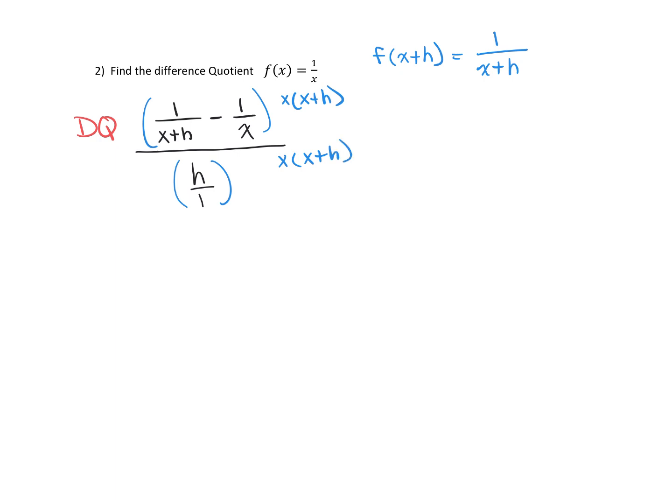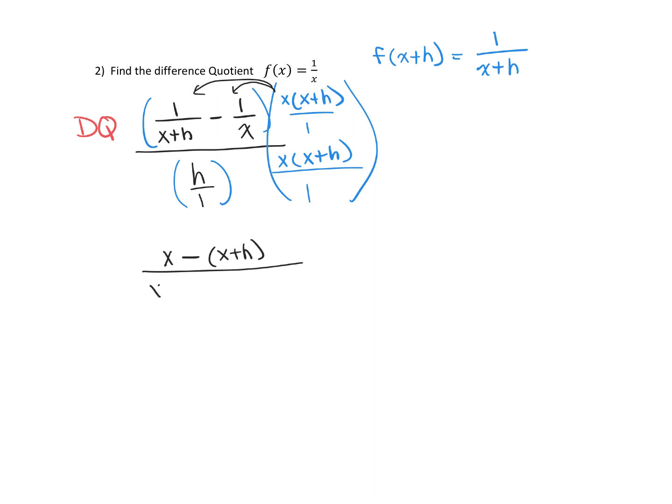So essentially we're multiplying by the number 1, so we're not changing the value, but watch what happens. When I distribute here, the x plus h cancels. And when I distribute here, the x's cancel. On the bottom, nothing cancels, so we have x times h times x plus h.